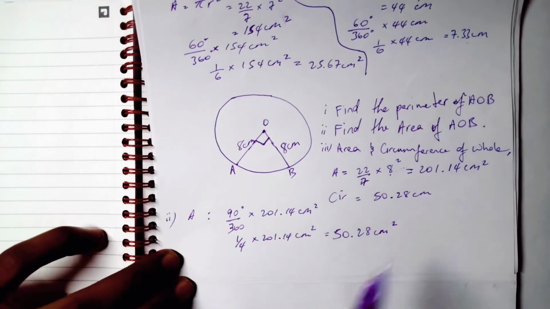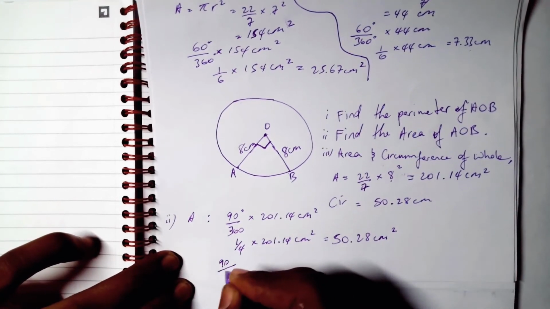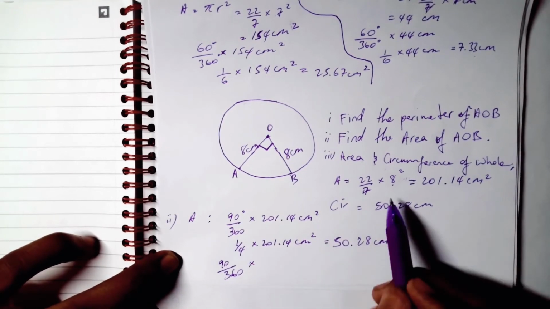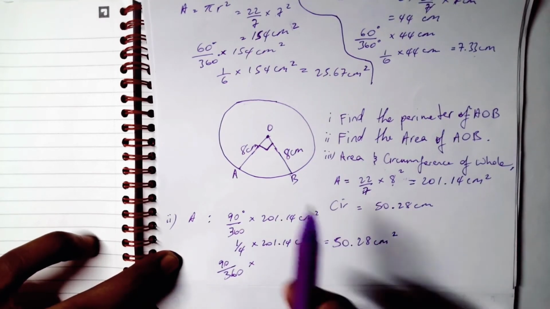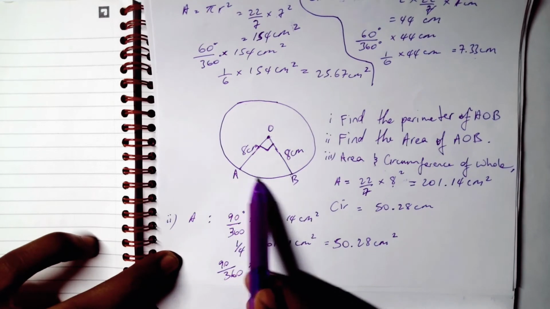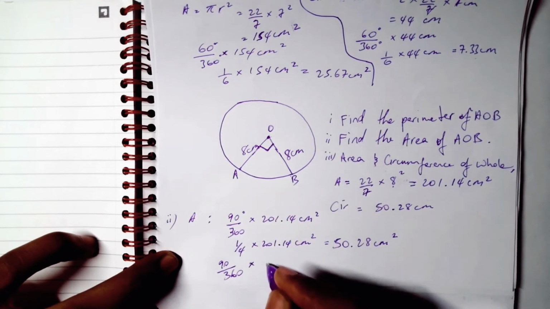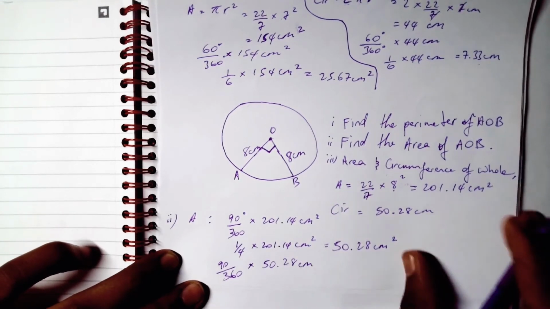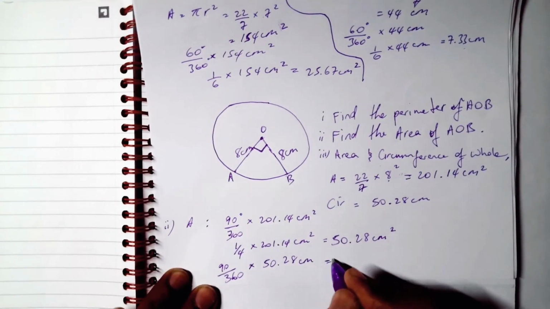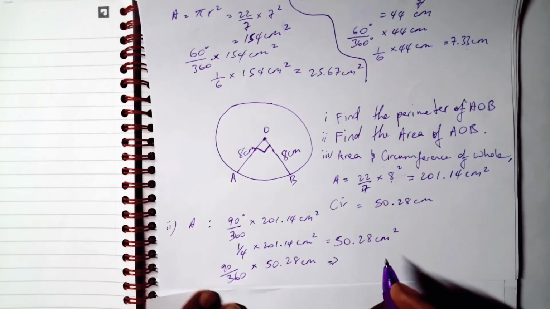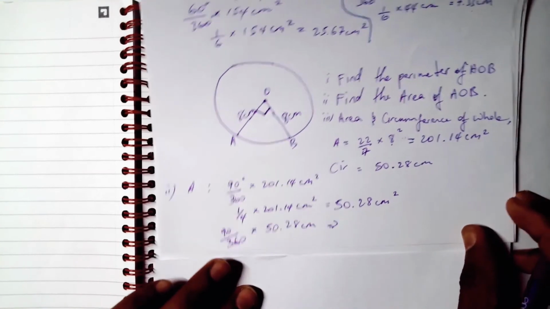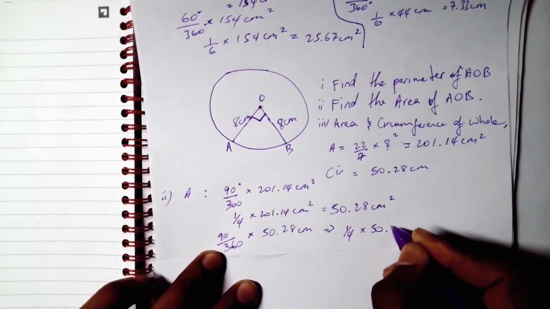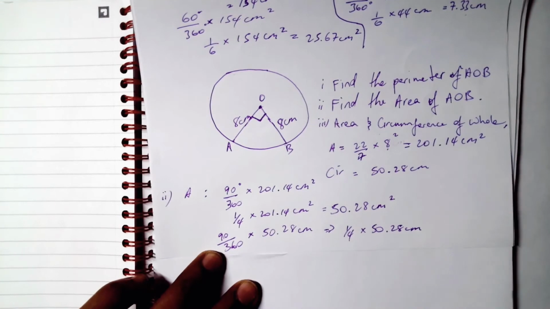So it's going to be 90 over 360 multiplied by the circumference, because we want to know what fraction of a circumference this is. 90 degrees multiplied by 50.28 centimeters implies that a quarter multiplied by 50.28 centimeters.